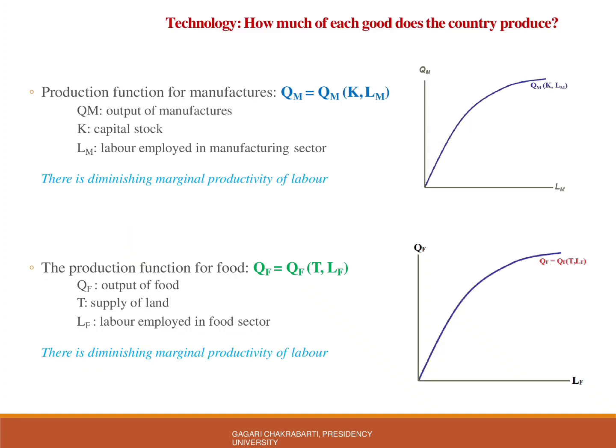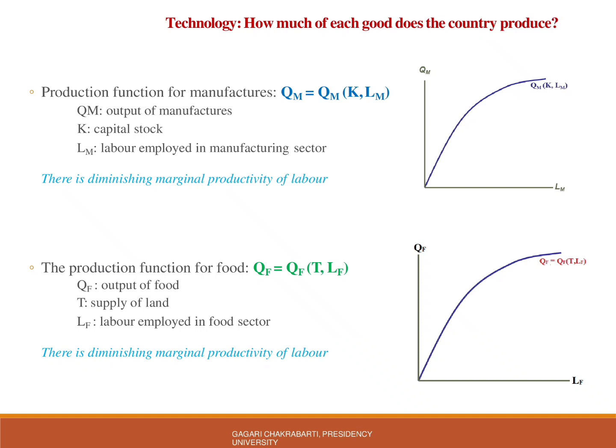First of all, we come to the technology, that is, how much of each good the country produces. For the manufacturing sector as well as for the food sector, there are two production functions. Let us start with the production function for the manufacturing sector. This is given by QM equals QM of K, which is the capital stock, and LM, which is the labor employed in the manufacturing sector.